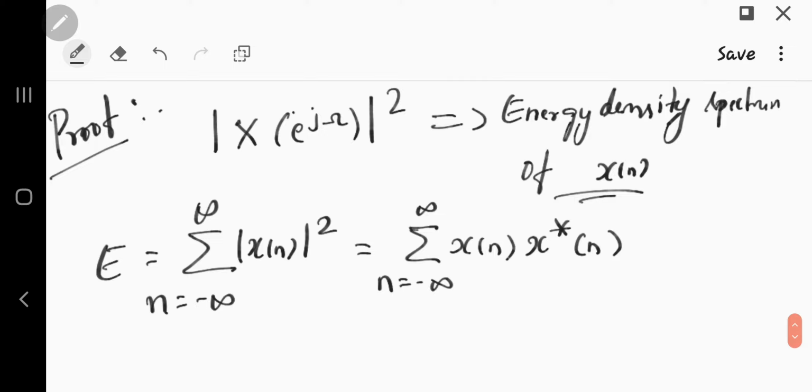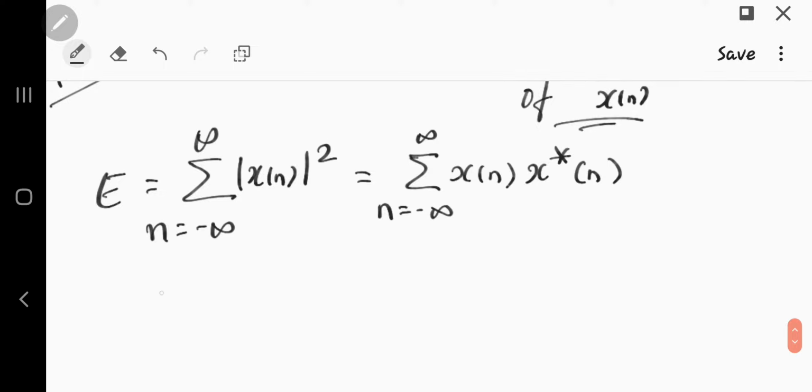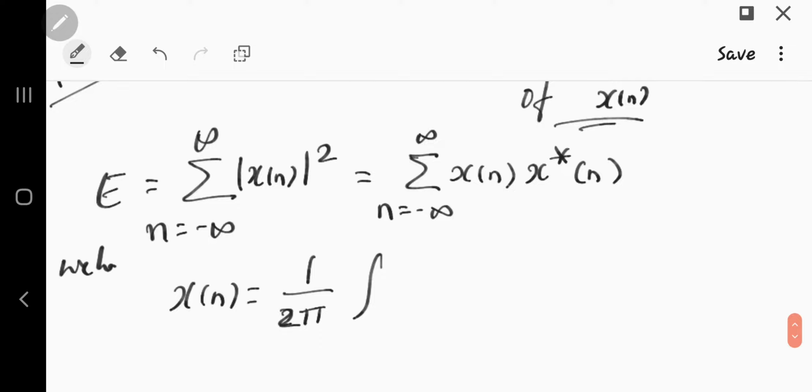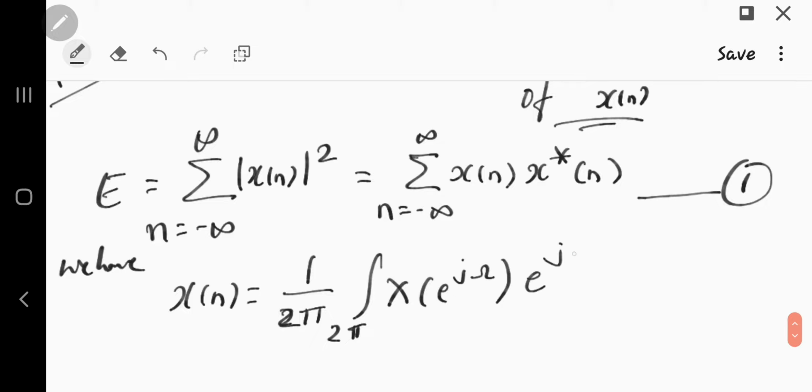Okay. Now we have x of n. The synthesis equation says x of n is 1 by 2 pi, here also the limit is 2 pi, that is one particular duration, integral of X of e power j omega e power j omega n d omega.